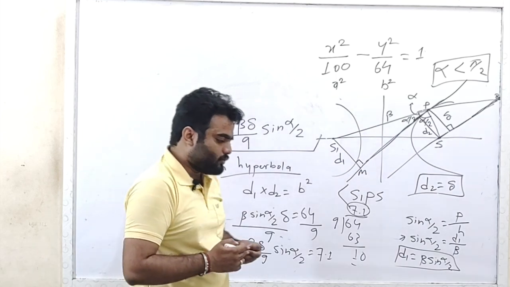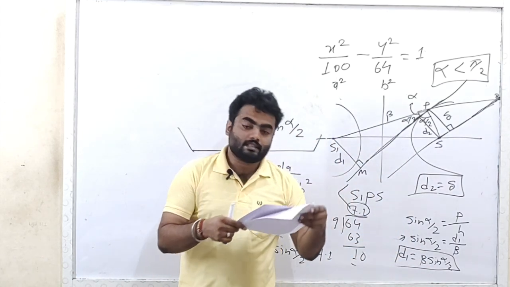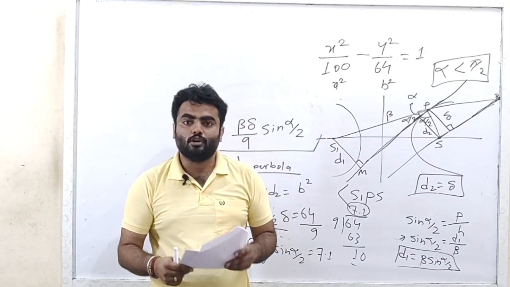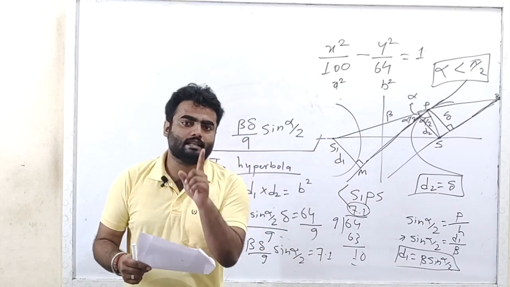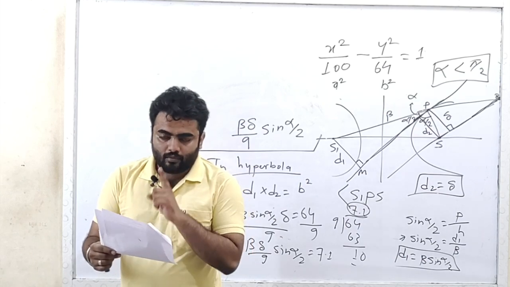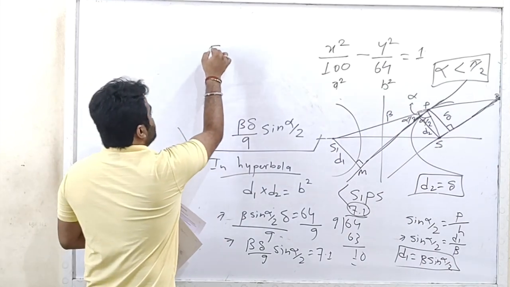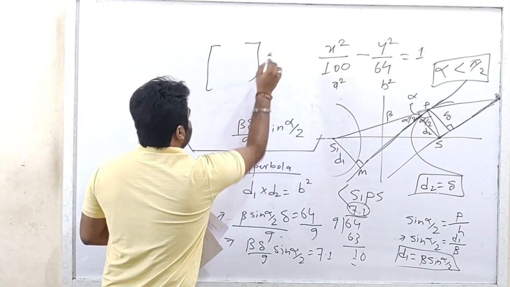Now if you see the question, at last they have said the greatest integer less than or equal to, so they are talking about the greatest integer function. In mathematics we have learned that the greatest integer function means we take the nearest integral value not exceeding it.